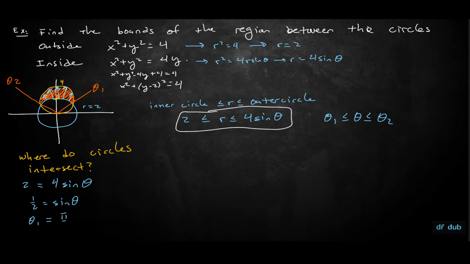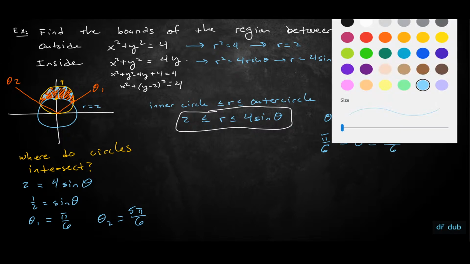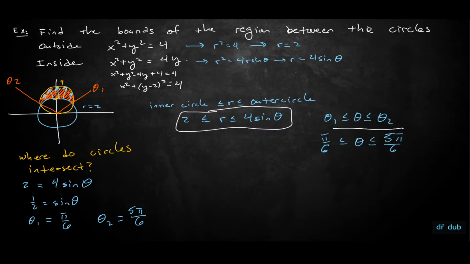Well, that's pi over 6. And what angle in quadrant 2 gives me a sine equal to 1/2? Well, that's 5 pi over 6. So pi over 6 less than or equal to theta less than or equal to 5 pi over 6. And that's it. Those are our bounds for this region in orange, the region between those two circles.